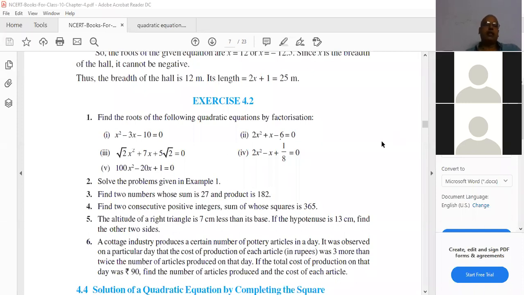Let one consecutive positive integer be x. The other consecutive positive integer is x plus 1. Sum of whose squares: first number square x square, second number square x plus 1 whole square. Sum means you have to add both. x whole square plus x plus 1 whole square is equal to 365.